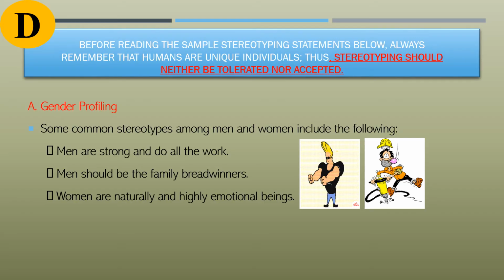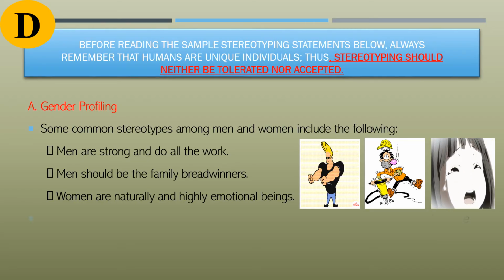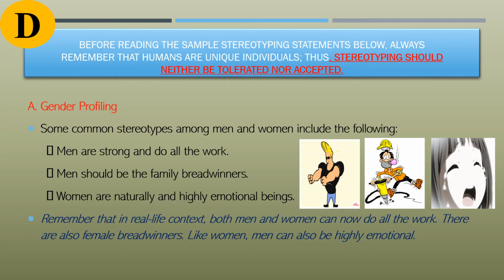Women are naturally and highly emotional beings. 4. Remember that in real-life contexts, both men and women can now do all the work. There are also female breadwinners. And take note, like women, men can also be highly emotional.